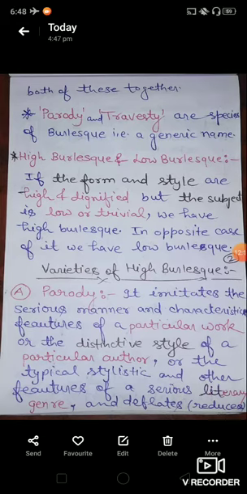So now come to the types, the varieties of high burlesque. One of that is parody. See, when we talk of pronunciations, in American this is called parody, and in British this per will be aspirated and it will be pronounced like fur.